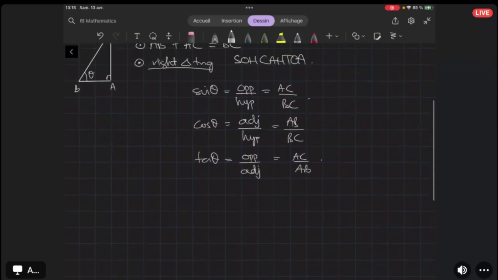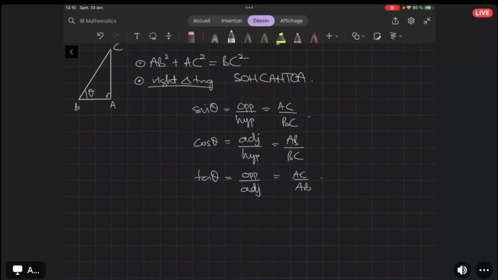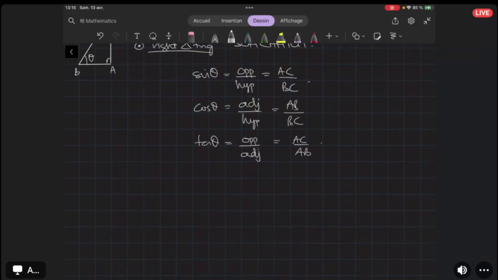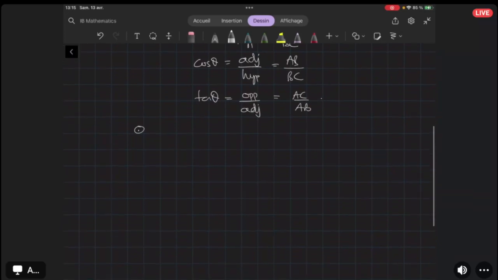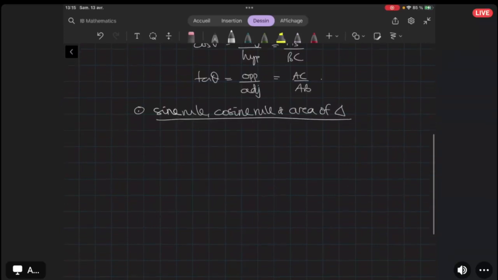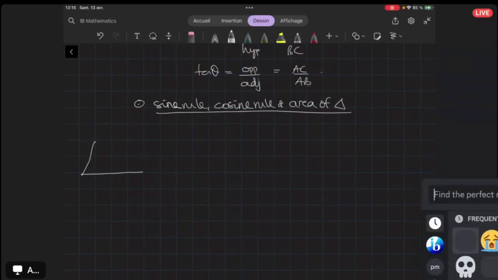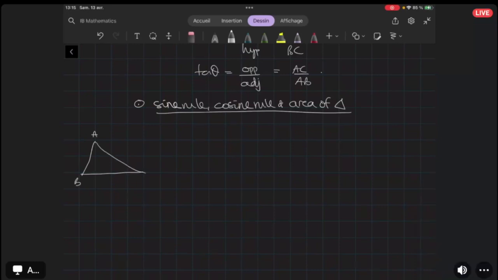So we have the Pythagorean identity, we have right angle trigonometry. Then how about we go beyond a right triangle? Any triangle. Now we talk about the sine rule, cosine rule, area of a triangle. I'm just going to quickly brush up on the conventions here.